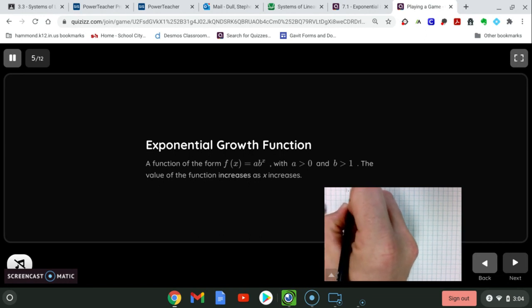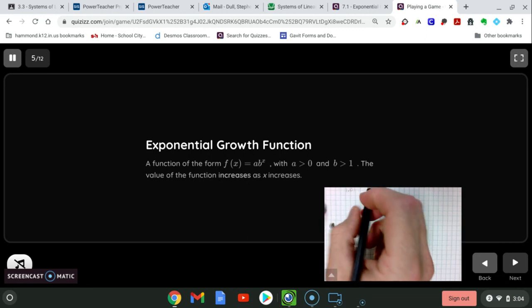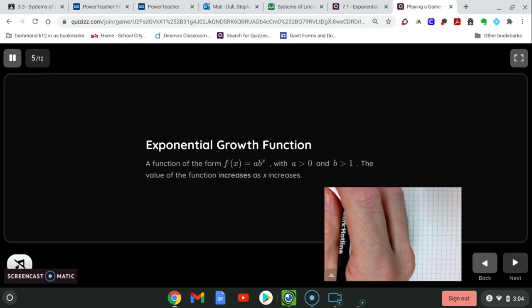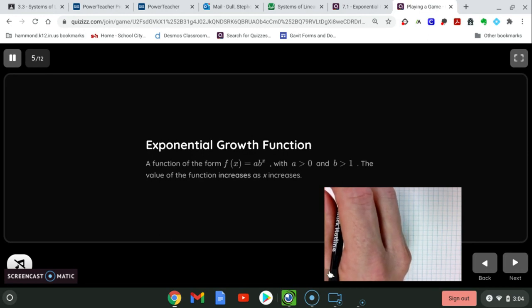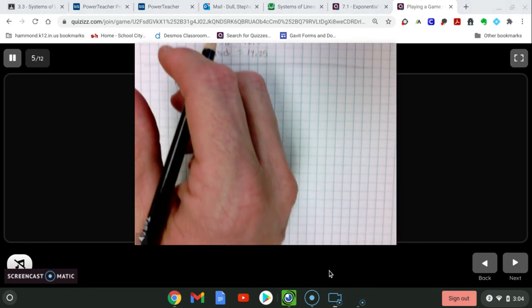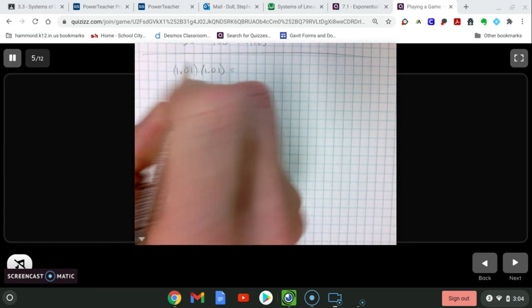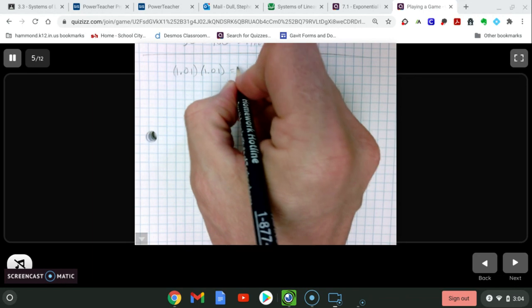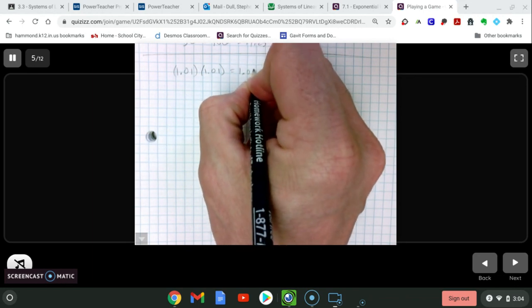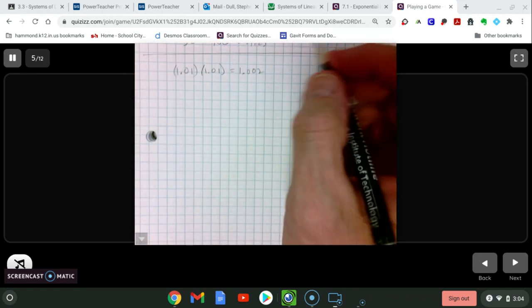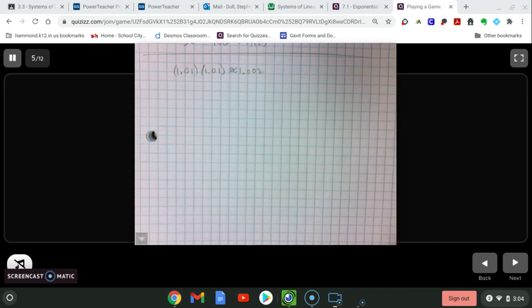Even if I had something just slightly greater than 1, 1.01, and 1.01 times 1.01, when you multiply that out, you're going to get something like 1.02 or something kind of like that.